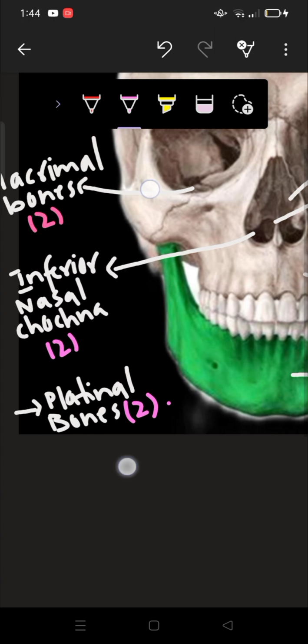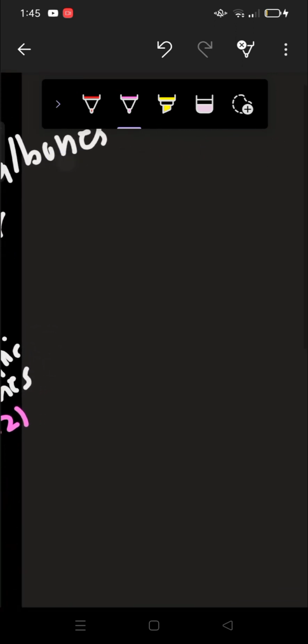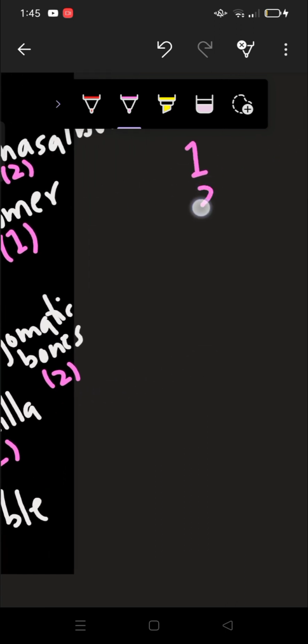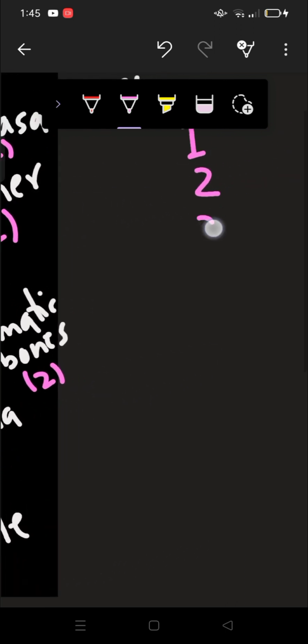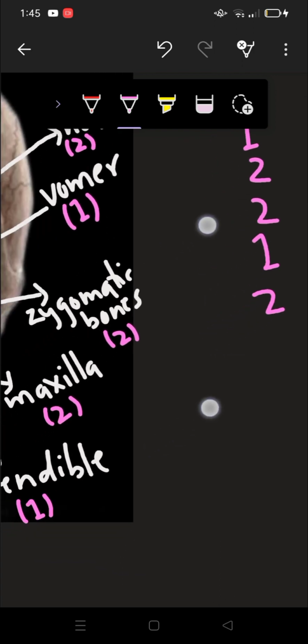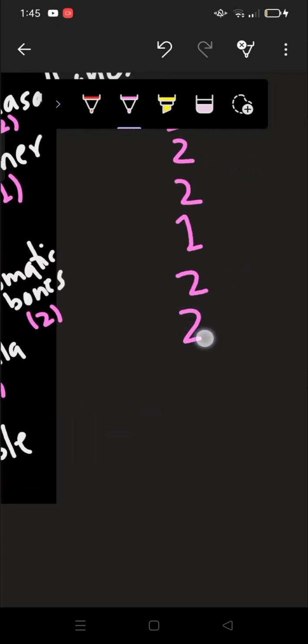Now let me count all these bones so that I can tell you these are actually 14 bones. As I am writing the numbers, 1 we have mandible, 2 we have maxilla, 2 we have zygomatic, then 1 we have vomer, 2 nasal bones, 2 inferior nasal conchae, 2 lacrimal, and 2 palatal.